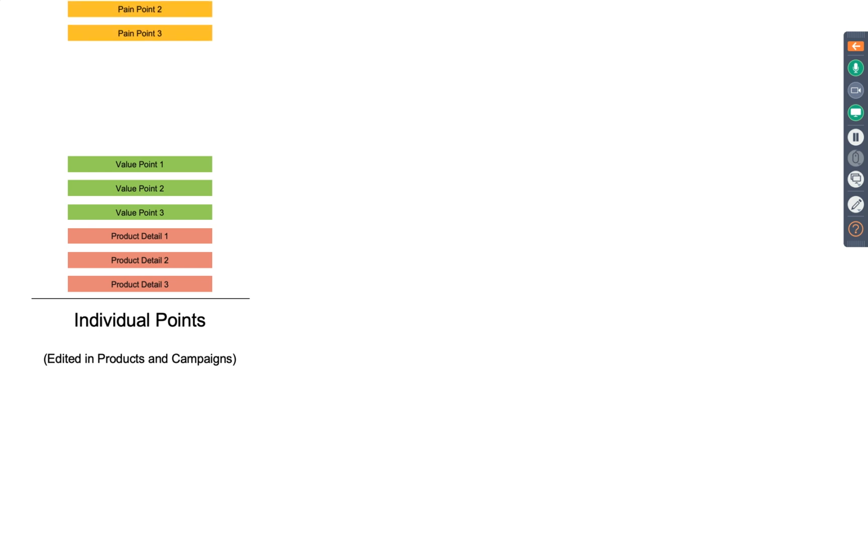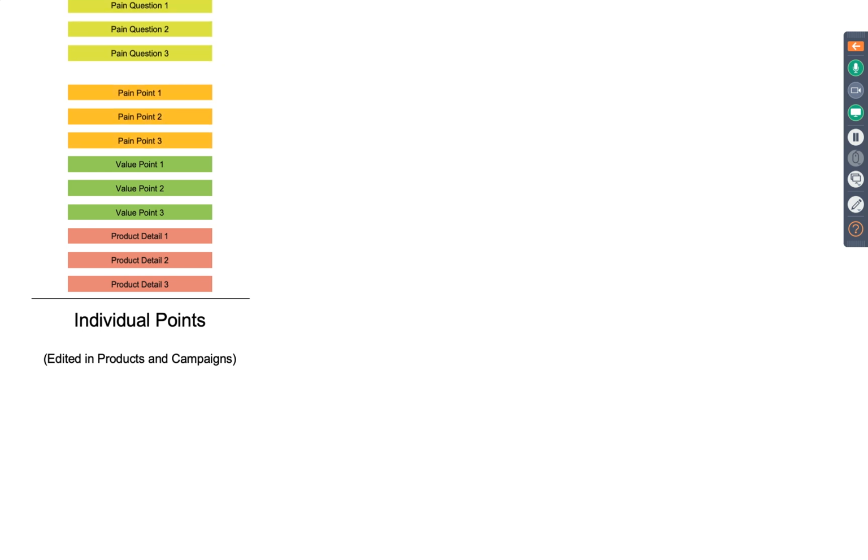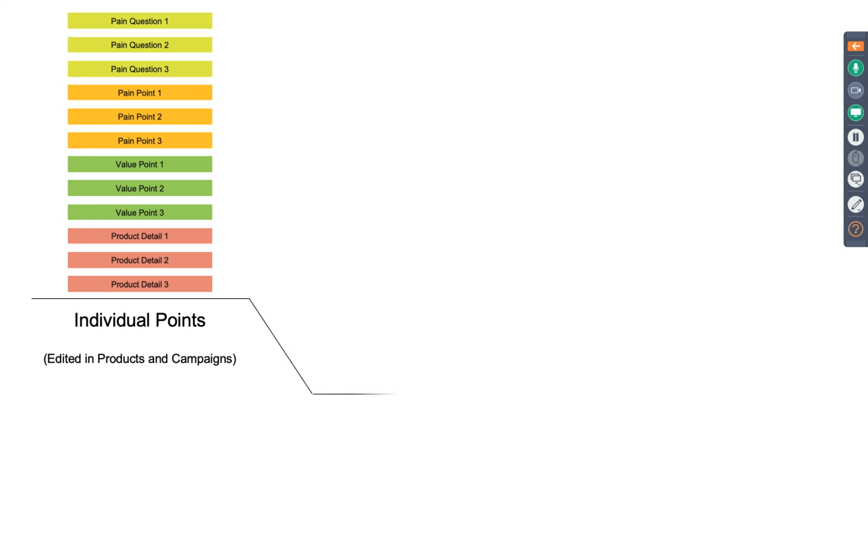And so what we would typically come up with going through that process are individual points. So individual product points, individual value points, individual pain points, individual questions. And that's what we would have come up with if you had gone through the process that we recommended.